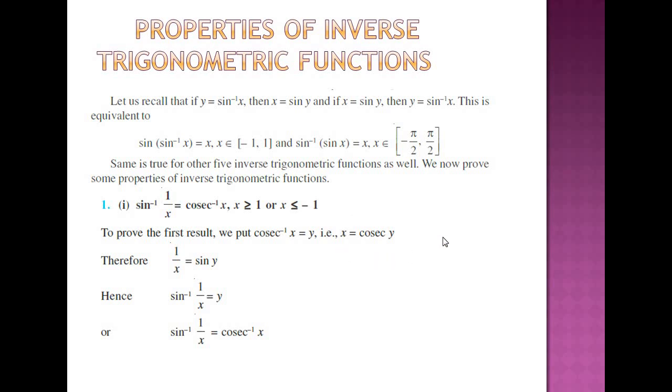So 1 by x equal to sine y. So sine shifted to that side, sine inverse of 1 by x will become y. But what is your y? Your y is nothing but cosec inverse of x. So that's how sine inverse of 1 by x is nothing but cosec inverse of x. You can prove the other way around also.